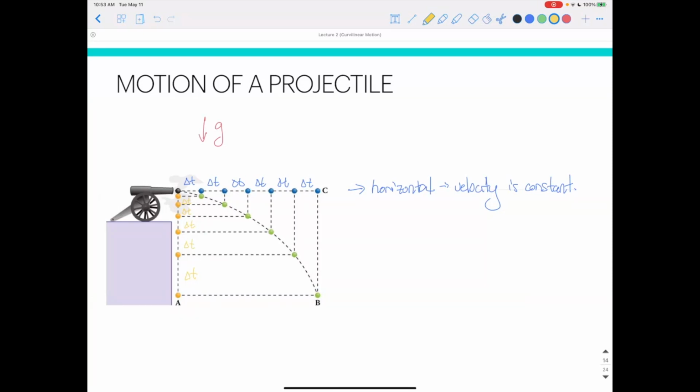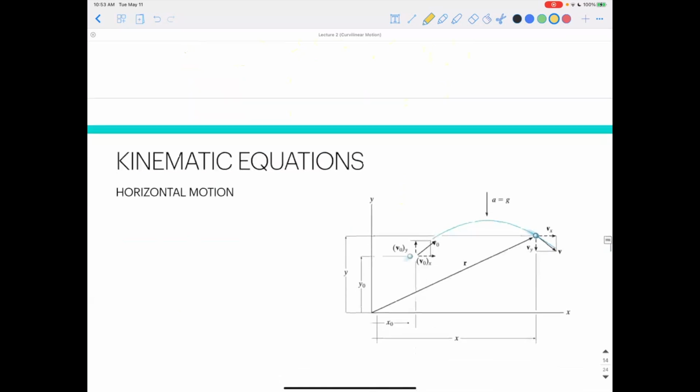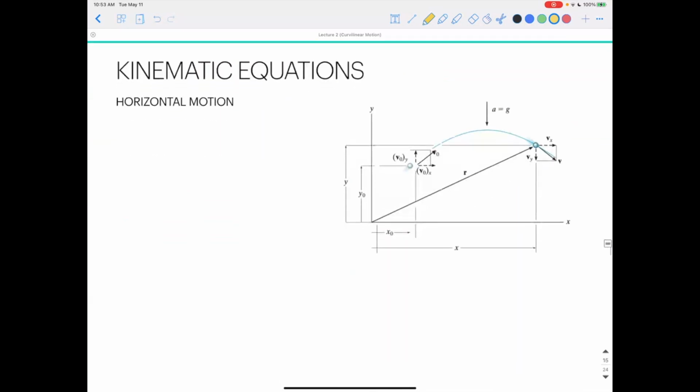So the vertical velocity changes due to gravity. So those are the main points about projectile motion. Velocity in the horizontal direction is constant, and velocity in the vertical direction changes due to gravity.